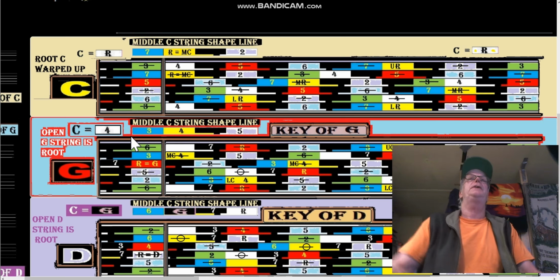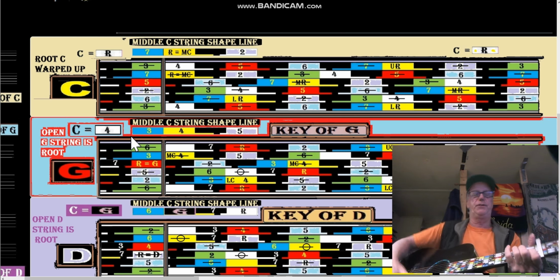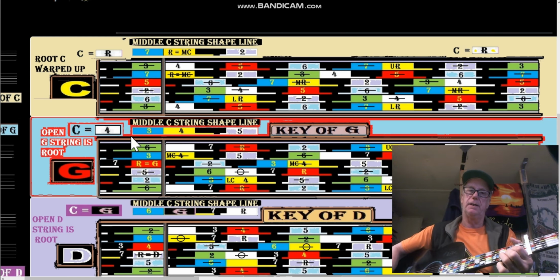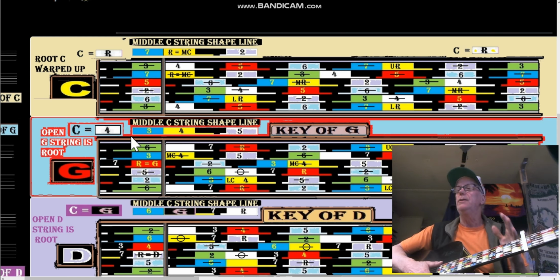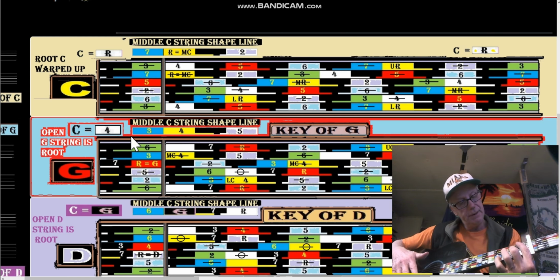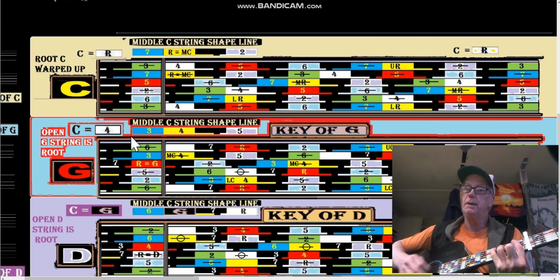As you know, with the keys of CAGED, we have the C, the A, the G, the E, and the D. CAGED, right? You can move that C up to here and get a C-shaped C sharp.